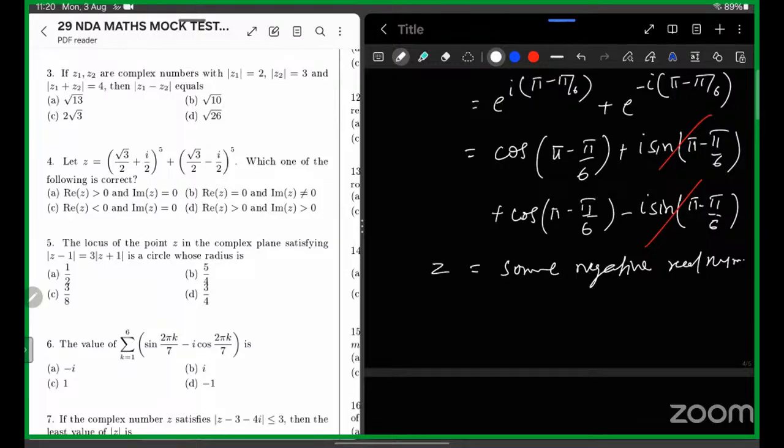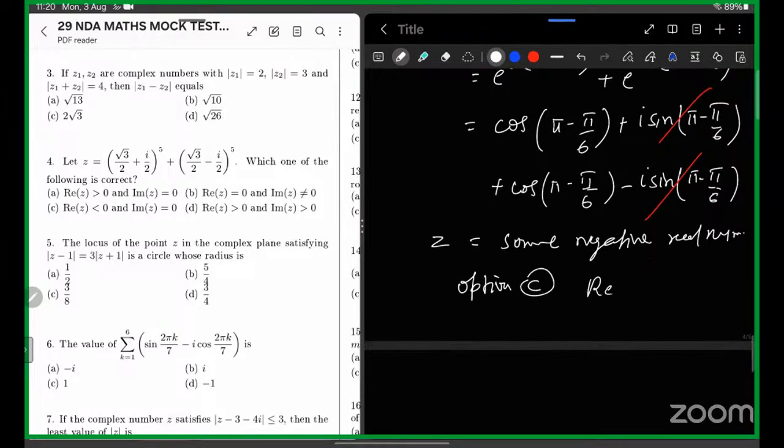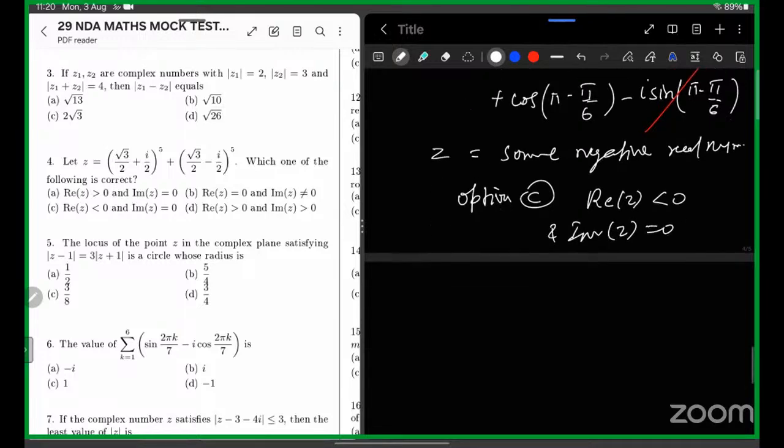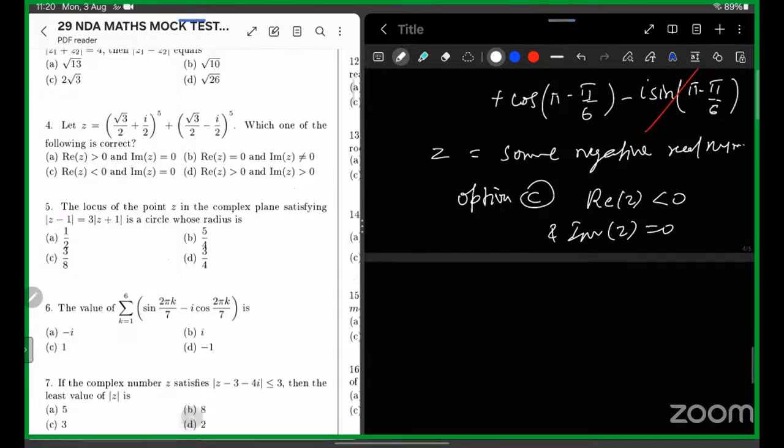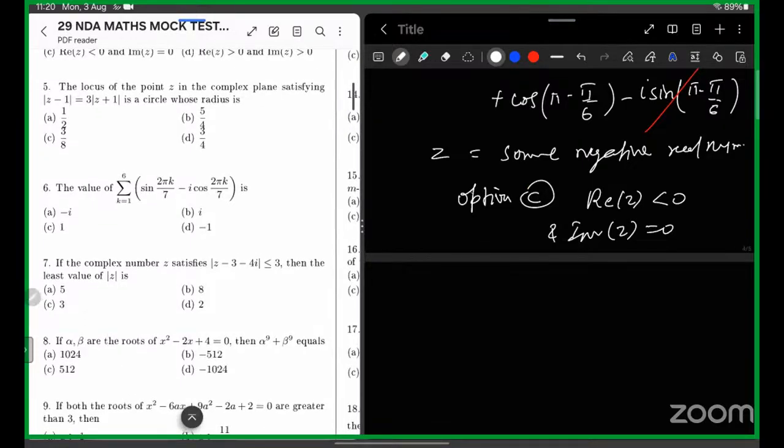So option C. Option C: real part of z is less than 0 and imaginary part of z is equal to 0. So done. Coming to question number 5.